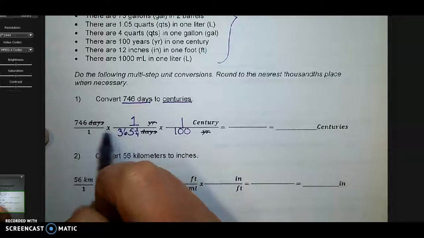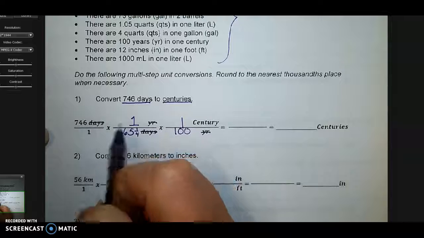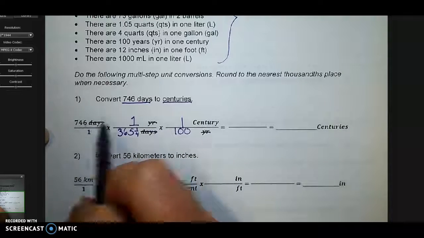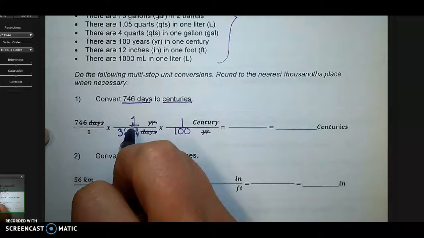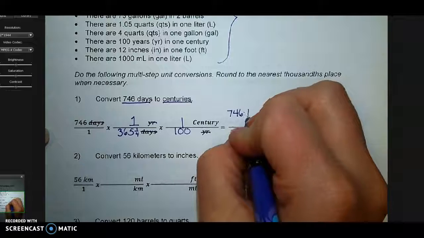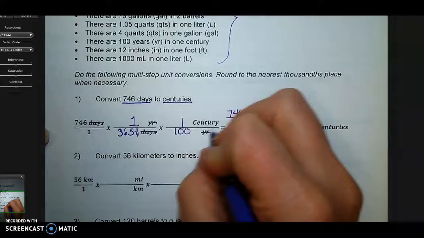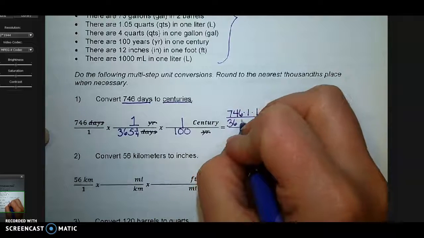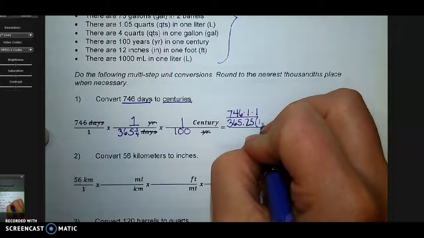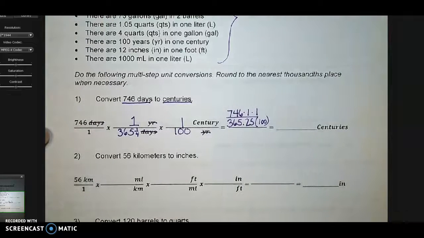Now sometimes you're able to cross-reduce numbers, but in this instance I cannot with that 4th in there especially. So I'm going to have 746 times 1 times 1 over 365, and I'm going to write my 1/4 as a decimal, times 100 because it's going to make it really easy for me to do the multiplication.